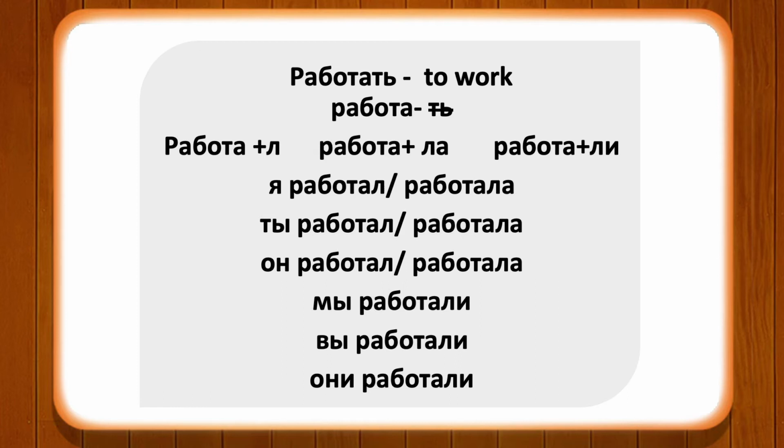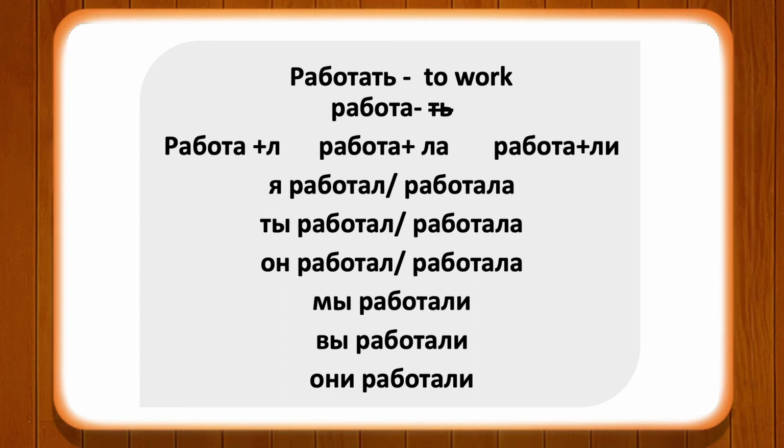It means I worked or I was working. Ti rabotal, ti rabotala. It means you were working or you worked. On rabotal, he was working or he worked. Ana rabotala, she worked or she was working.